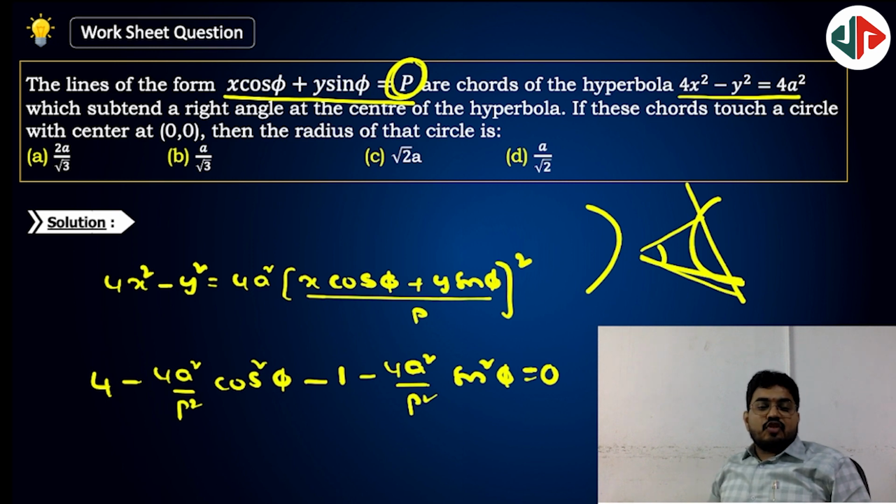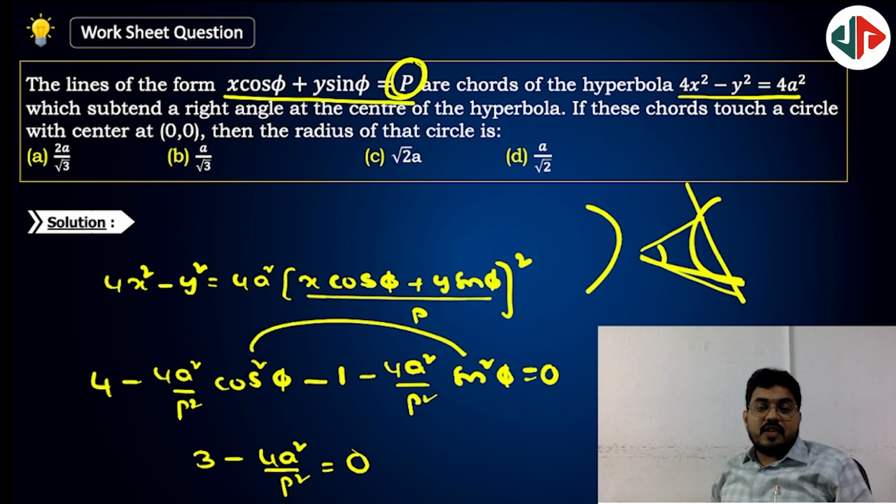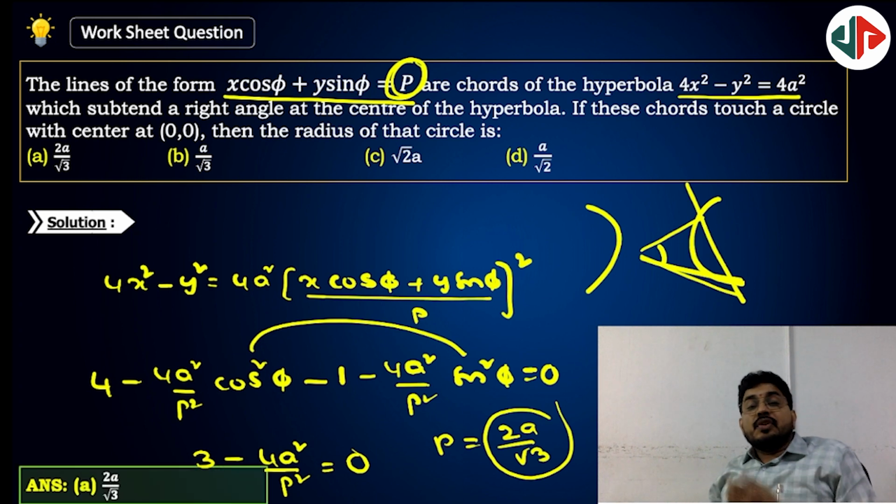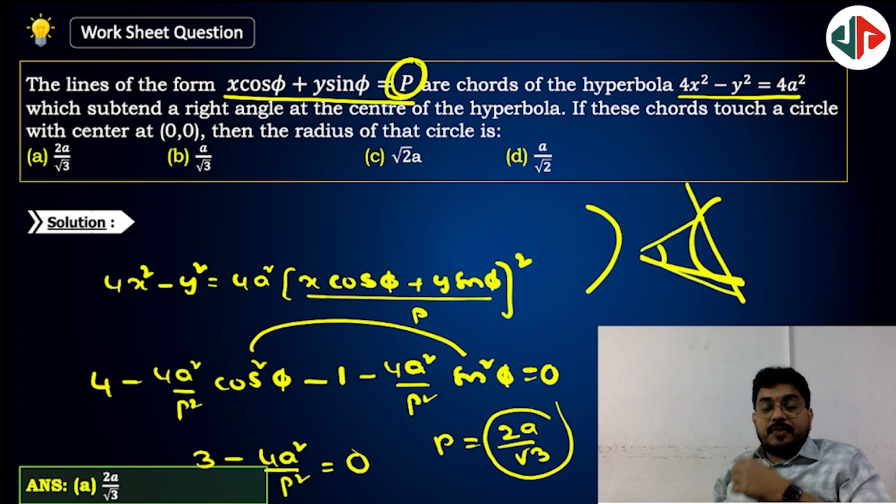So this is 3 minus 4a square by p square is equal to 0, because cos square phi plus sin square phi is equal to 1. So p is equal to 2a by root 3. So the radius is 2a by root 3.